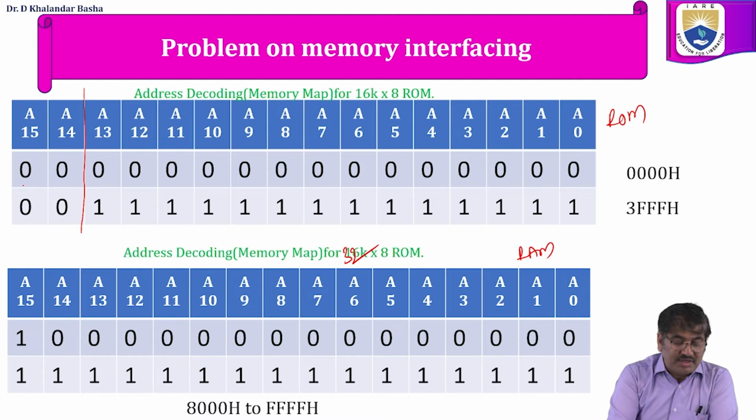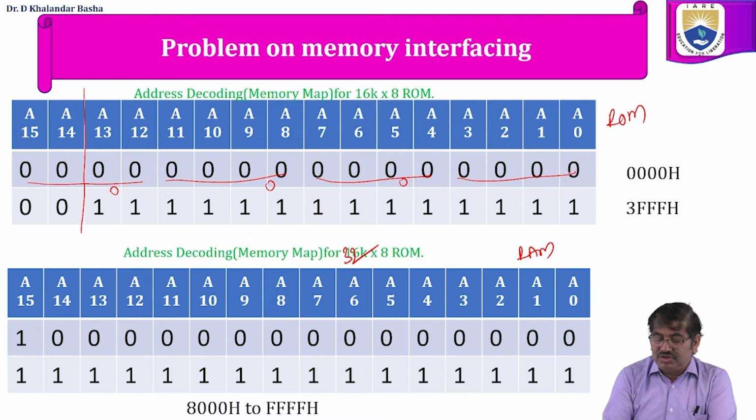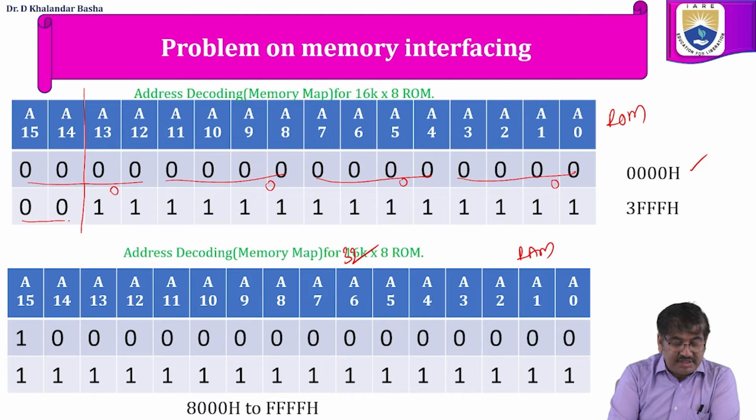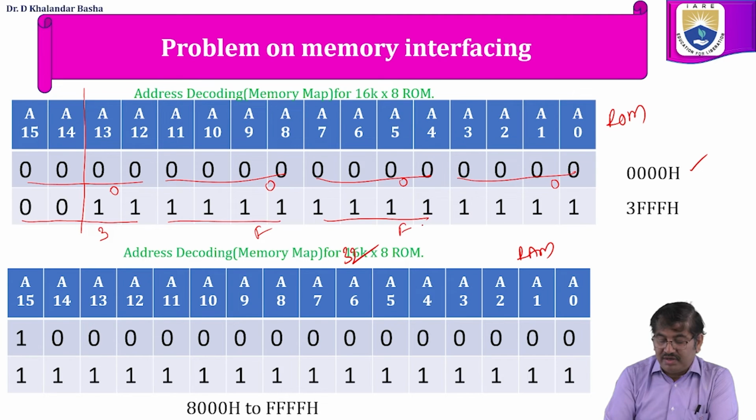So the address space for this one is 00 0000 0000 0000, so the starting address is 0000H. Whereas the upper address is 0011 1111 1111 1111, which is 3FFFH.